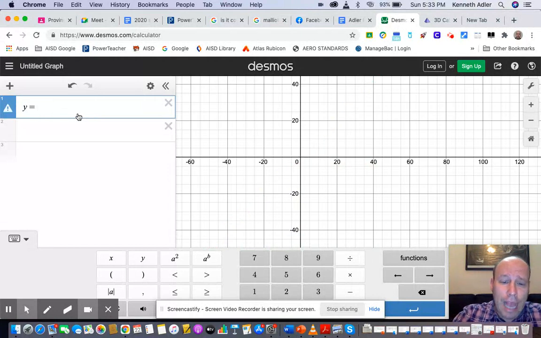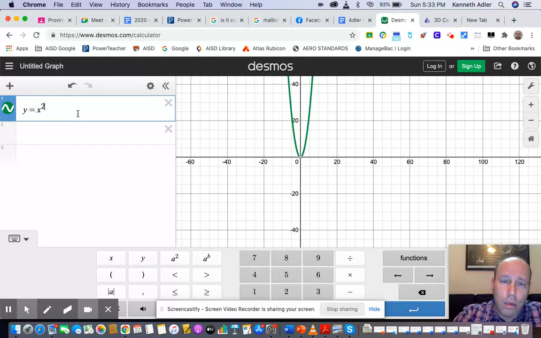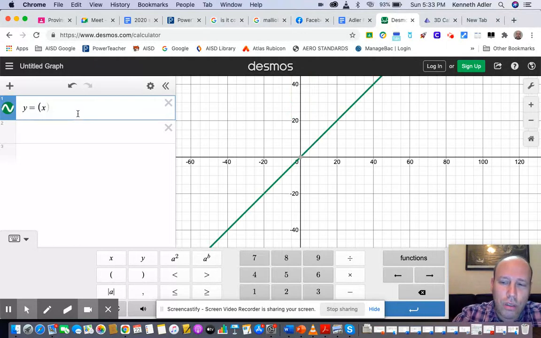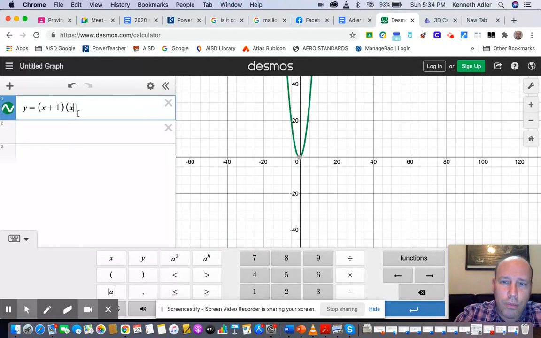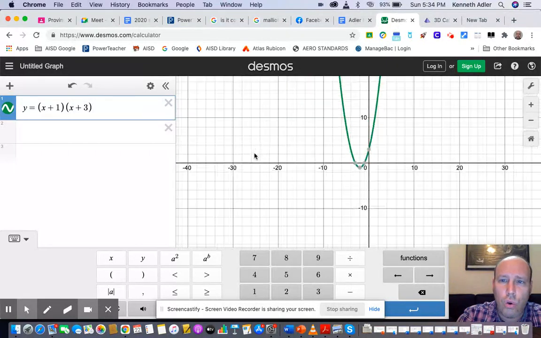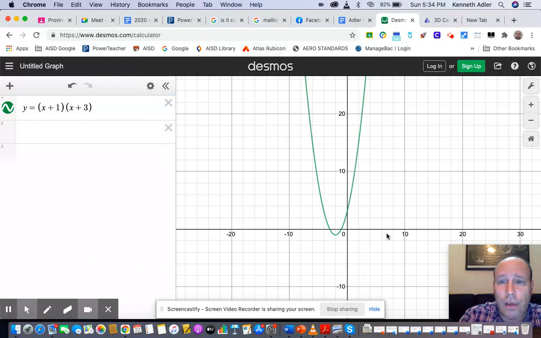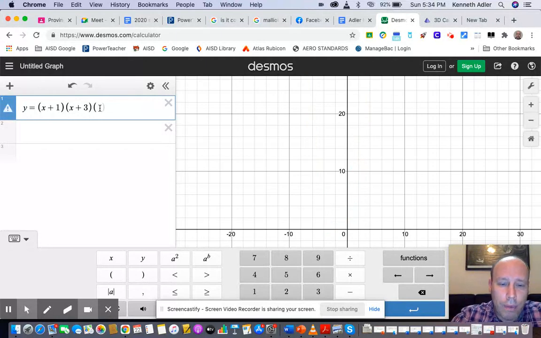For example, let's say x squared, or x squared plus 1, or x squared plus 3. We have a parabola, but once again, I can stick every x value in. Let's do a cubic, like x cubed minus 4.